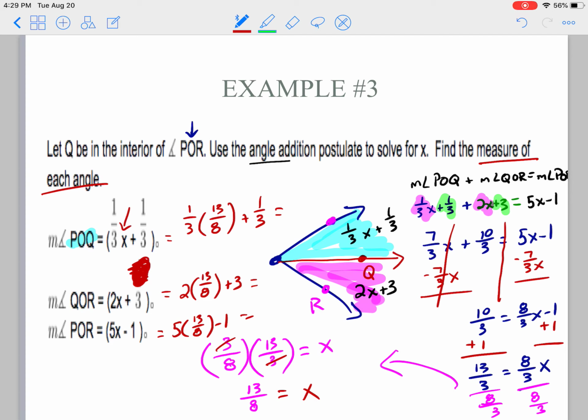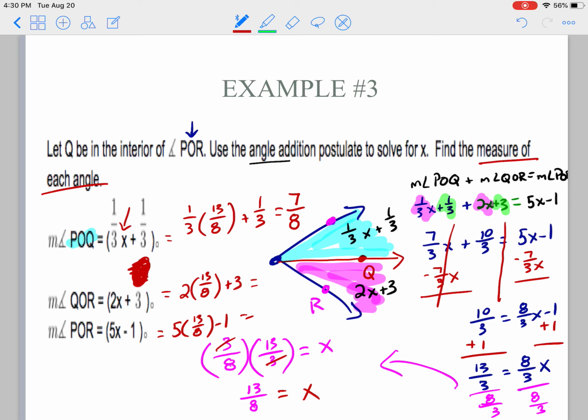So the measure of each angle, if I were to calculate each one of these out, I'm going to end up with 1/3 times 13/8 plus 1/3. That is equal to 7/8.